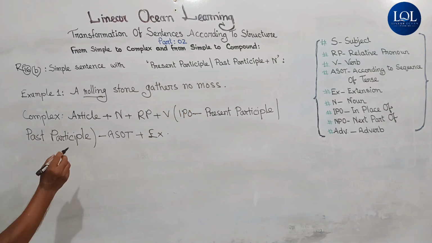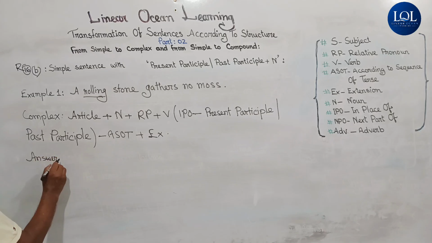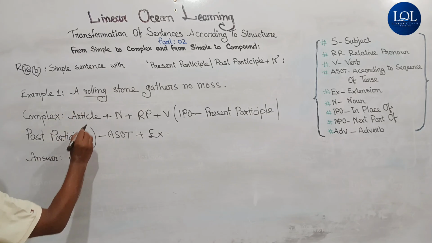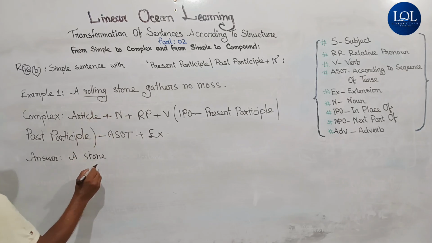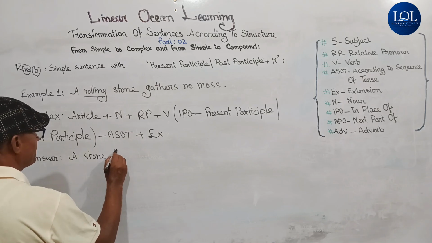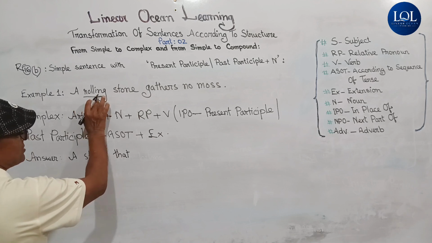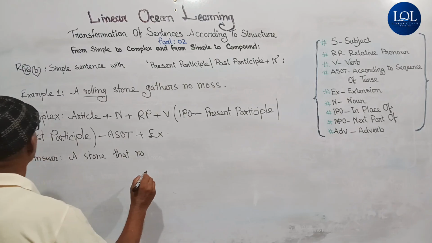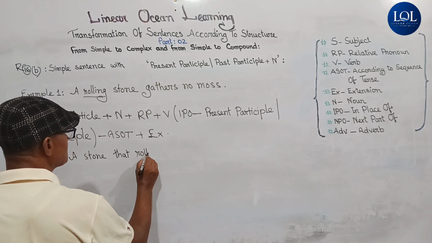Now let us follow the structure. Here the article is A and the noun is stone, a stone. Then relative pronoun that. Then the verb in place of present participle will be rolls, because the example given as a simple sentence is in present indefinite tense, that rolls.